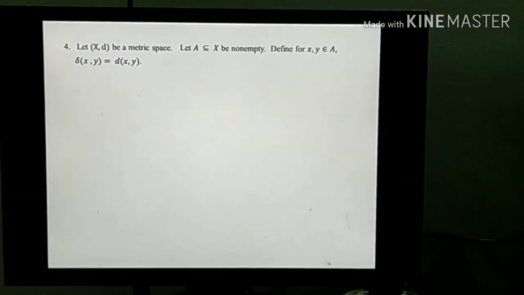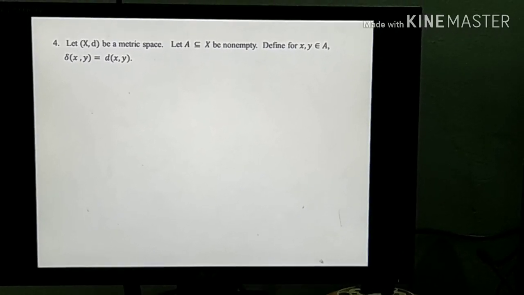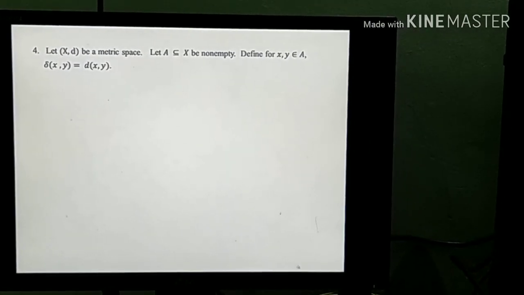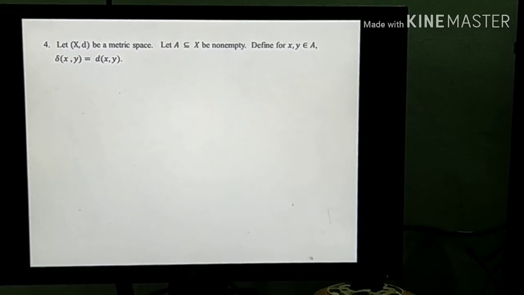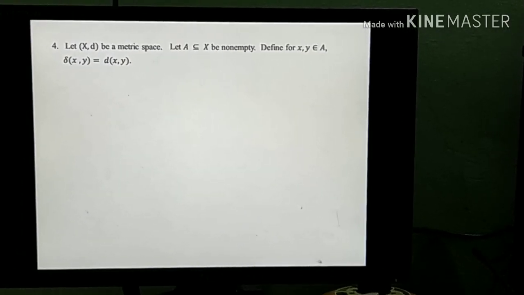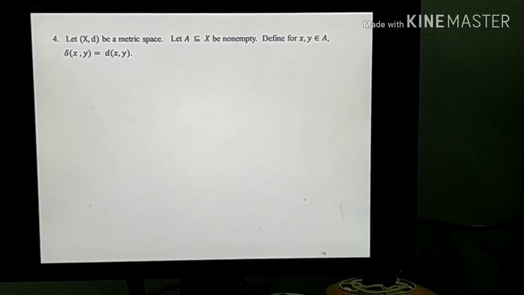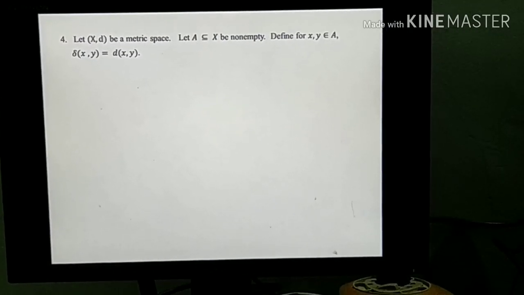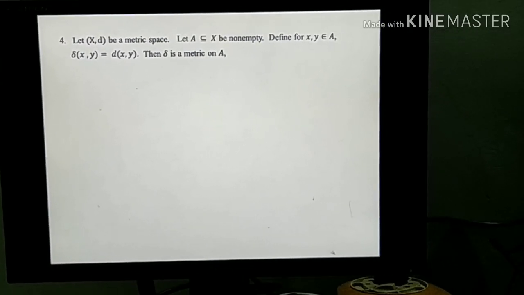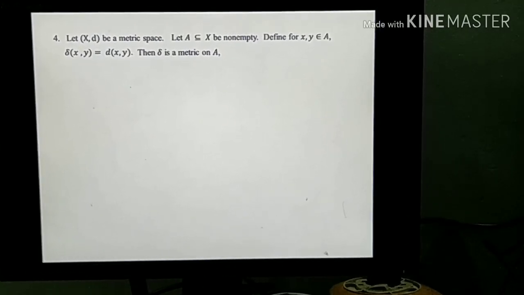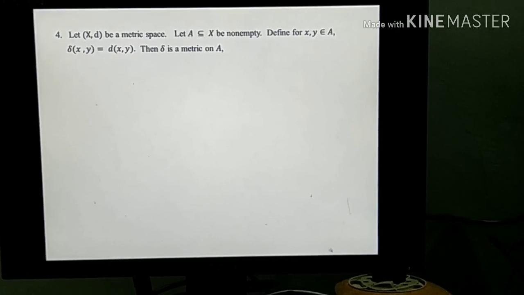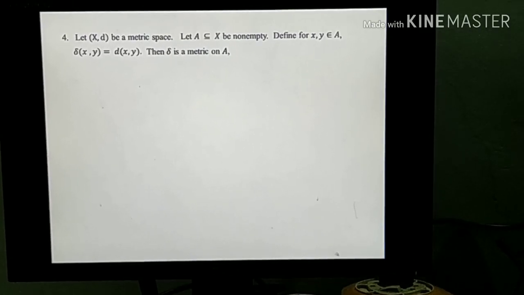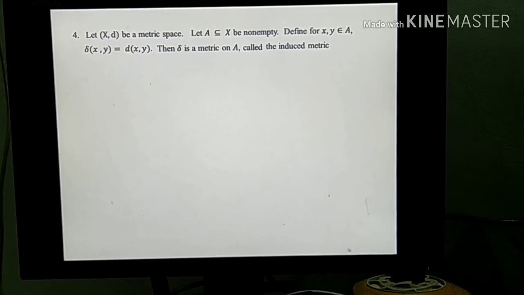See, as A is a subset of X, the elements of A are also elements of X. Therefore, when we are going to define a function on A, we have to just define that delta xy is equal to dxy, where d is a metric defined on X. See how delta becomes a metric on A, and as this metric is induced from the superset X, it is also called the induced metric on the subset.